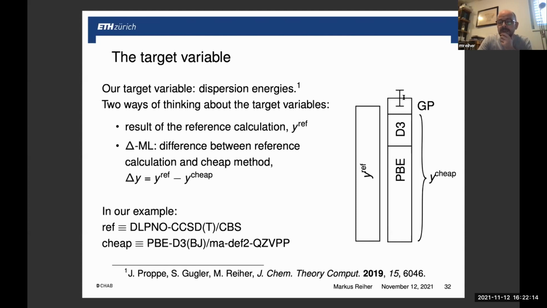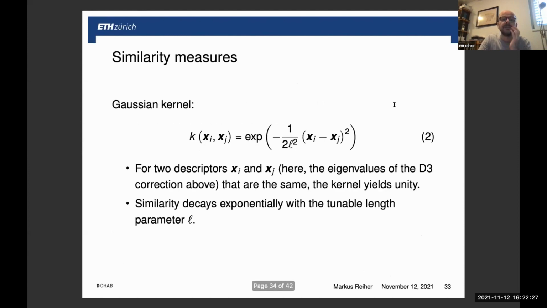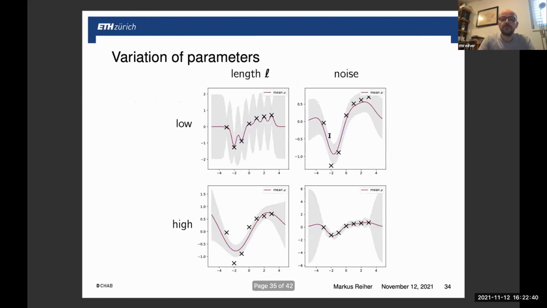We actually are more in favor of the delta machine learning model because that should be more efficient in terms of the amount of reference data needed. Again, we use a Gaussian kernel, and these input variables, boldface X, they are now the eigenvalues of the D3 correction. And then we train the model.